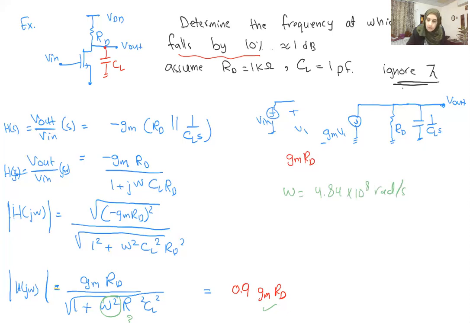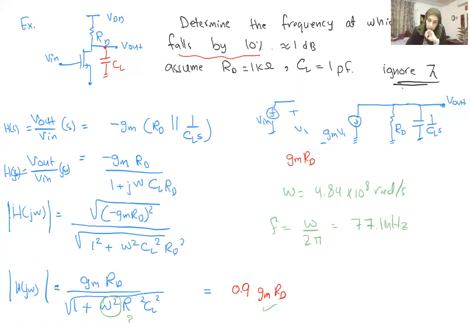Now, how you can convert it to hertz, frequency in hertz, you need to divide this number by 2 pi. So it's F equal omega divided by 2 pi, and this equals 77.1 megahertz.